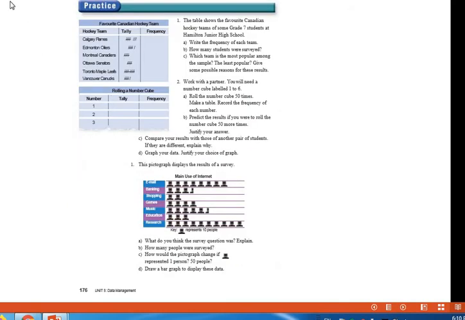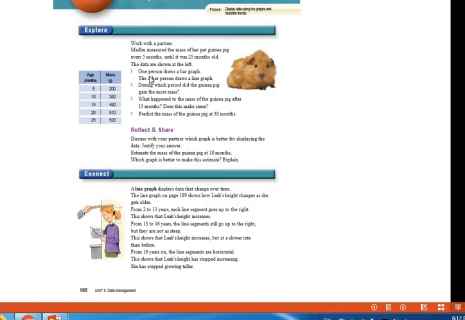Okay, moving to the other slide. Talking about the line graph, work with a partner. It's for school now, we're not in school, so working alone. Okay, Mads measured the mass of her pet Guinea pig every 5 months until it was 25 months old.